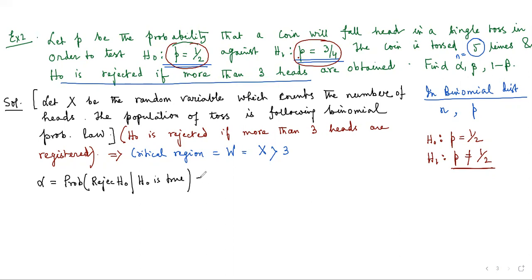Now we reject the null hypothesis if the random variable value falls in the critical region. So we must have this, given that the null hypothesis is true, given that the parameter P is equal to half.